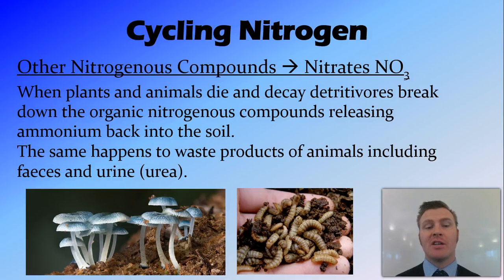Another way that nitrogen goes back into the soil is the waste products of animals. I talked about urea before, something that's found in urine, as well as other nitrogenous waste products that are found in faeces. And that's why using manure from animals on the garden is a good way to get those nitrates back into the soil.